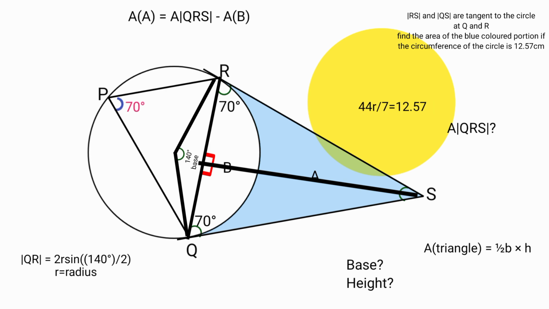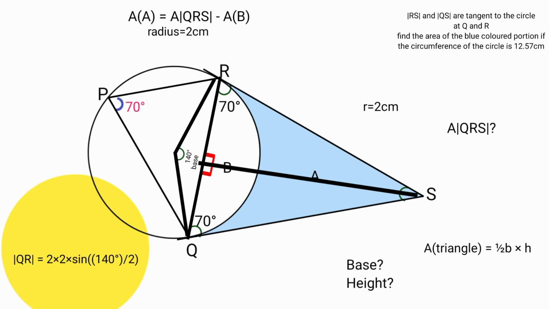So 44 over 7 r equal to 12.57. Now dividing both sides by 44 over 7, r equal to 12.57 divided by 44 over 7, which if you press your calculator equal to 1.99, approximately equal to 2. So r equal to 2 centimeters.